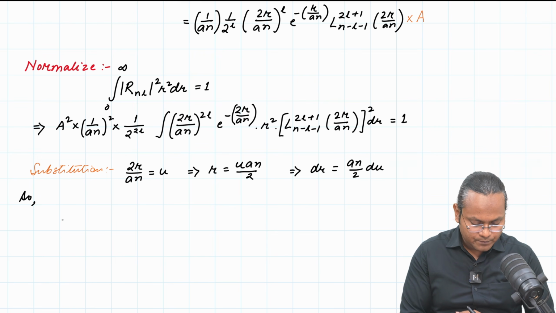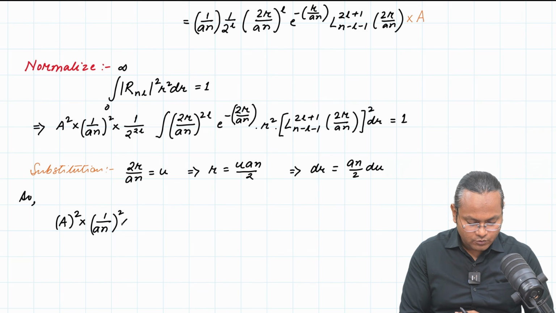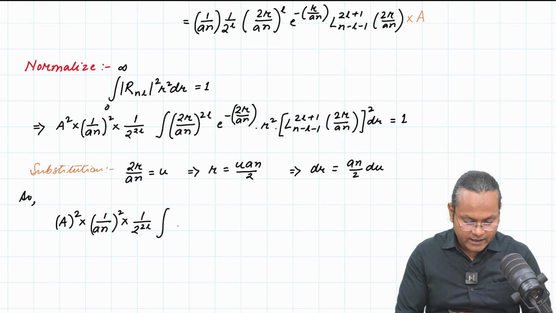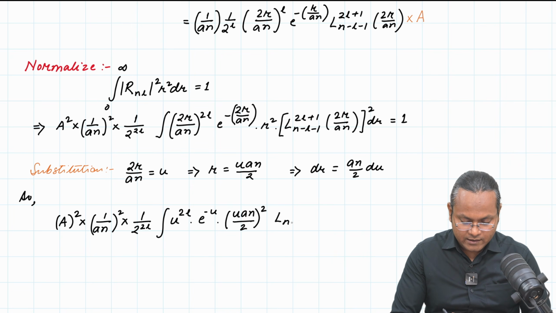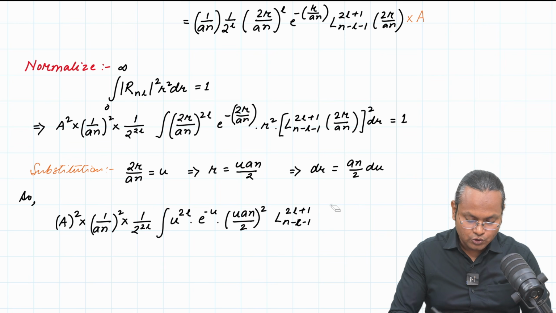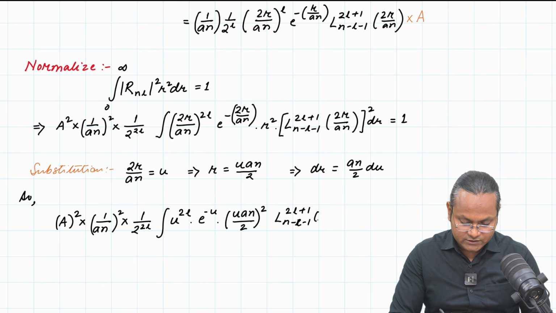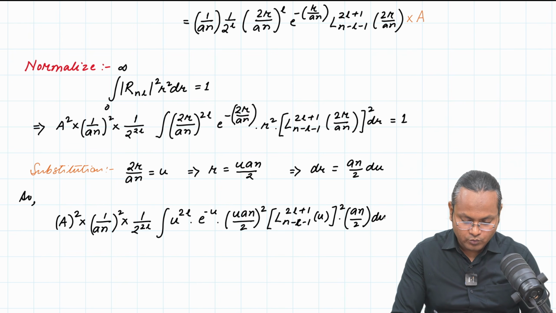So this becomes A squared times 1 upon an squared times 1 upon 2 to the power 2l, integrate: 2r upon an is u, so u to the power 2l, times e to the power minus 2r upon an, which is minus u, times r squared, which is (u an upon 2) squared, times the Laguerre polynomial of u whole squared, times an upon 2 du, equals 1.